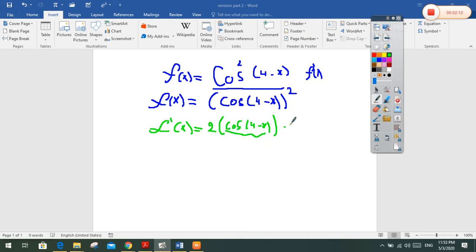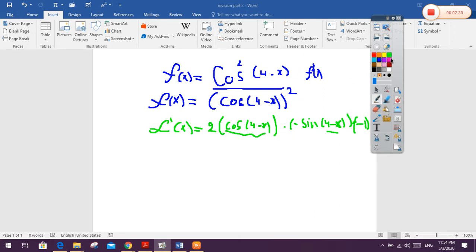What is the derivative of the outer? Negative sine, but please don't forget to add the same angle, 4 minus x. I think it's clear. Now multiply the derivative of what is inside, which is negative 1. Then simplify.